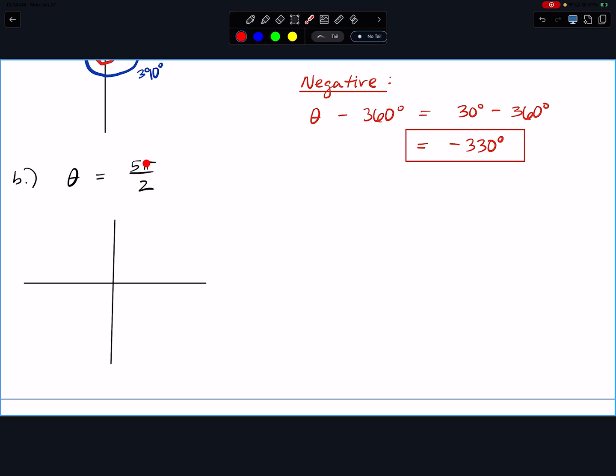Pi over 2 is the same thing as how many degrees? 90. So that means I'm going to go 90 degrees how many times? 5. So watch what I do. 1, 2, 3, 4, 5. So it's going to go all the way around and then another pi over 2.